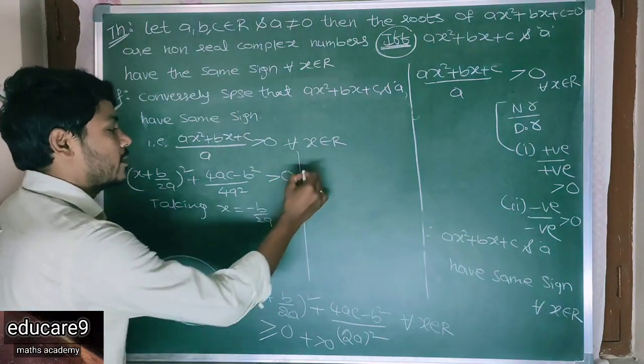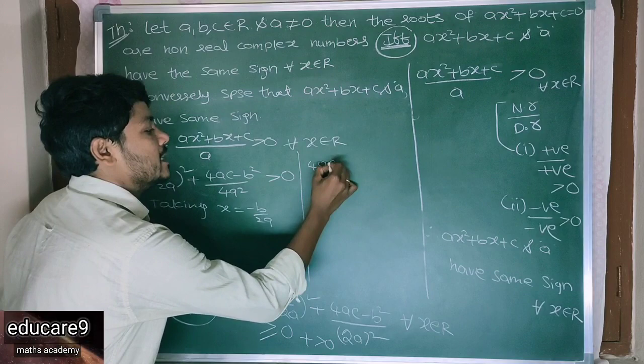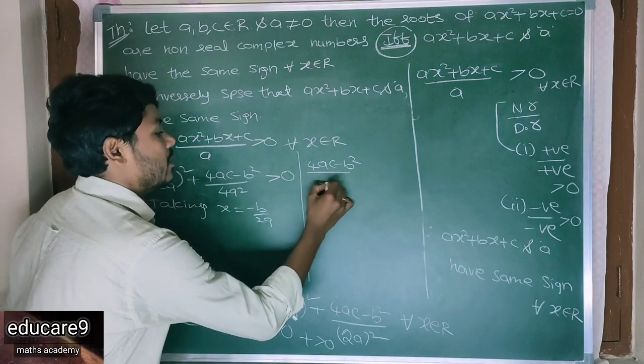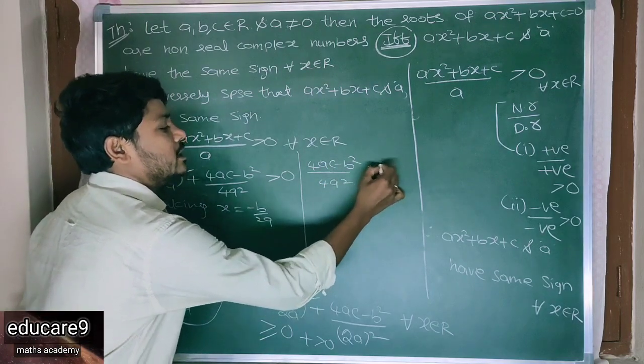Now this is 4ac minus b square by 4a square, which is greater than 0.